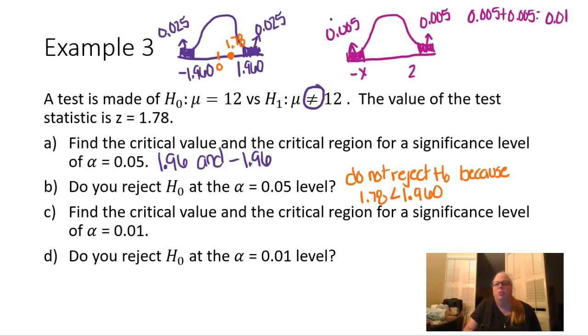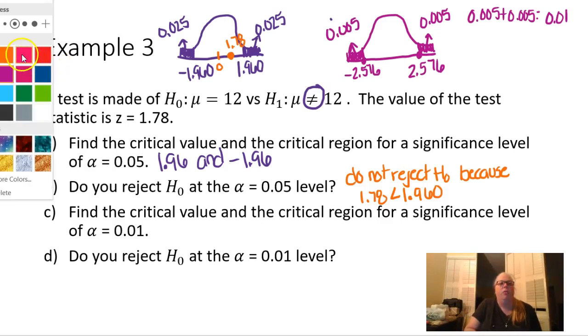This side will be 2.576, which means that by the magic of symmetry, this one over here is going to have to be negative 2.576. And that is this point here and this point here.